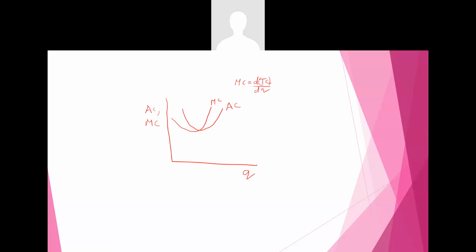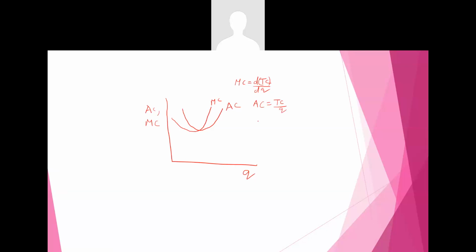That is, marginal cost is the first derivative of total cost. Similarly, AC is also something you get from TC, where AC = TC/Q. So both MC and AC are derived from total cost, where MC is dTC/dQ and AC is TC/Q.